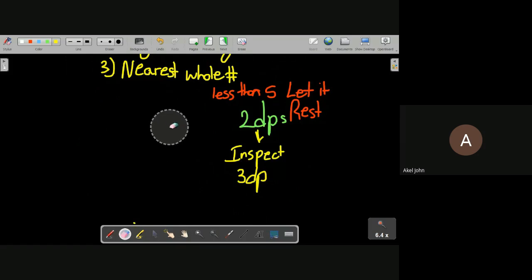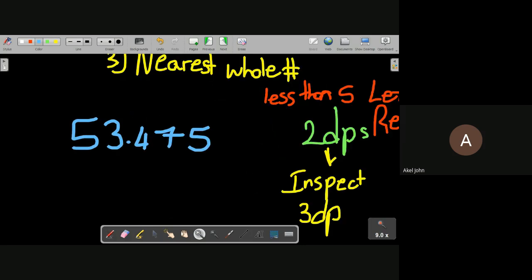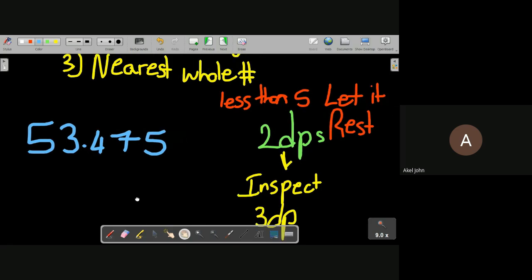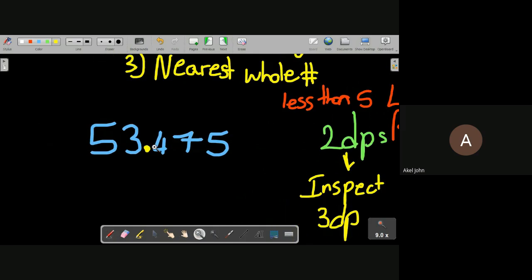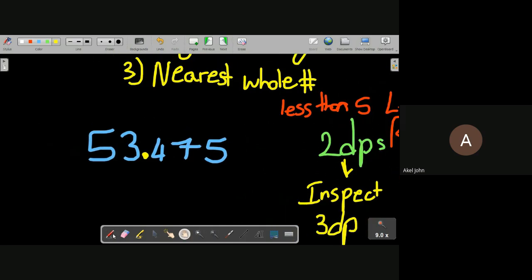All right, so let's use another example. Take 53.475, and let's say I want you to approximate this to two decimal places. We located the decimal point. Now that we have located the decimal point, we know any numbers to the right of that are our decimal places. So our first decimal place would be the 4, the second would be the 7.